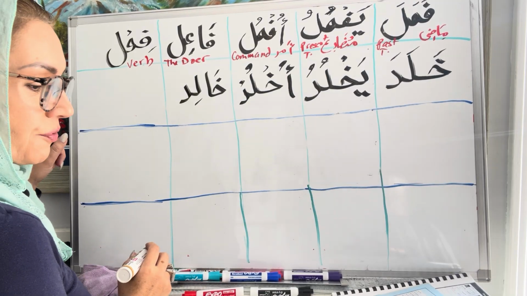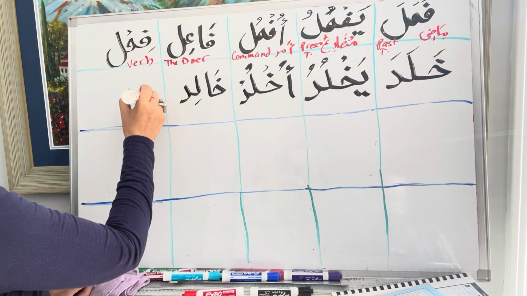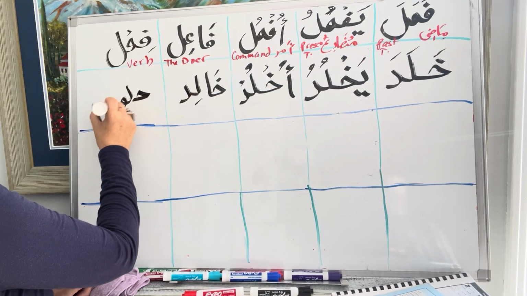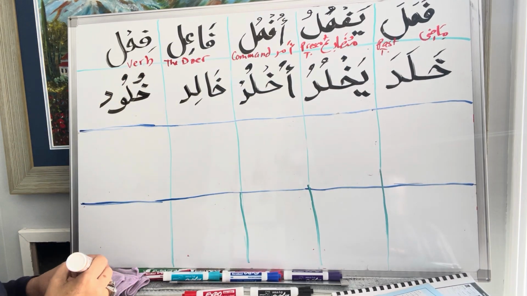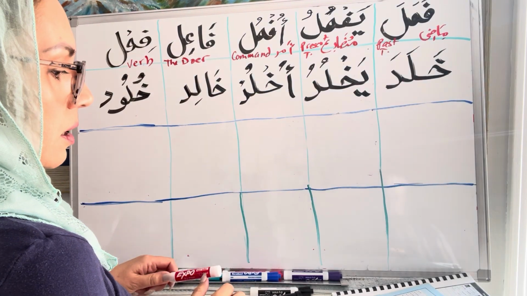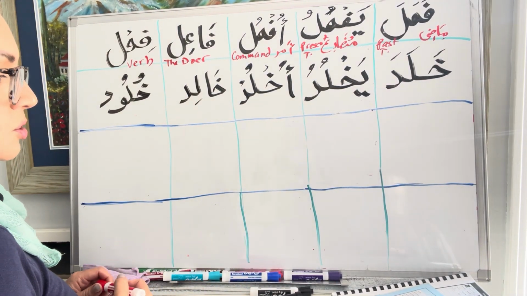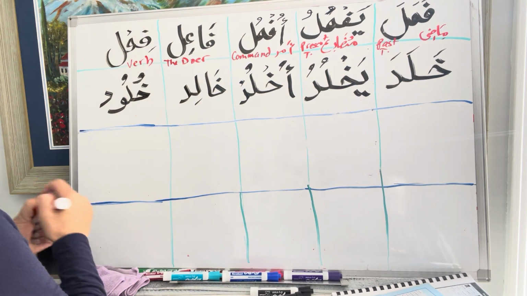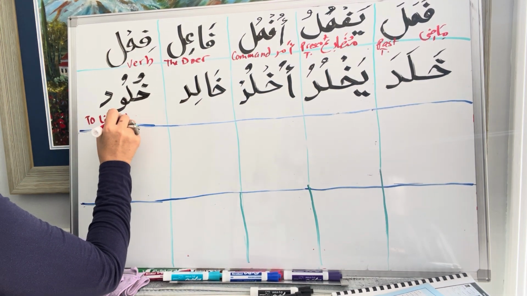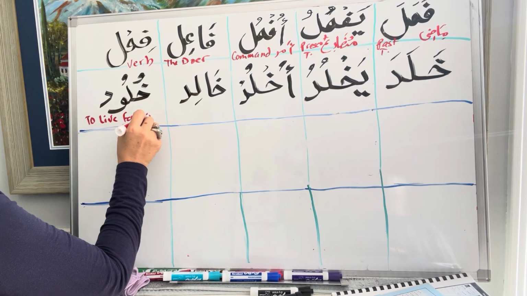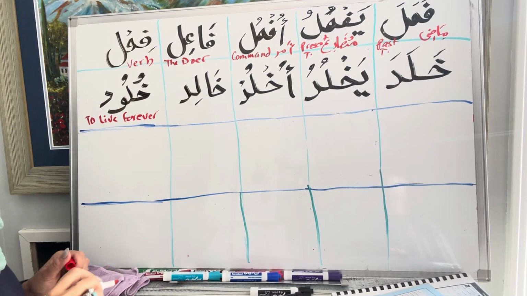And then the fi'l becomes khulud. All right, khulud. So this means to live forever. Khulud. It means to live forever.